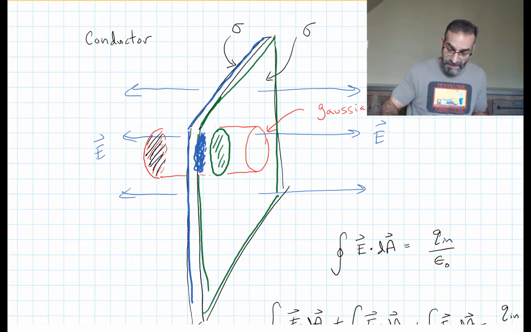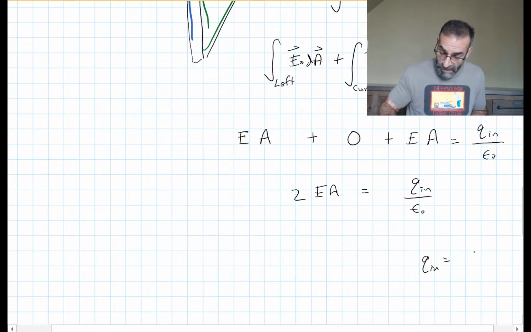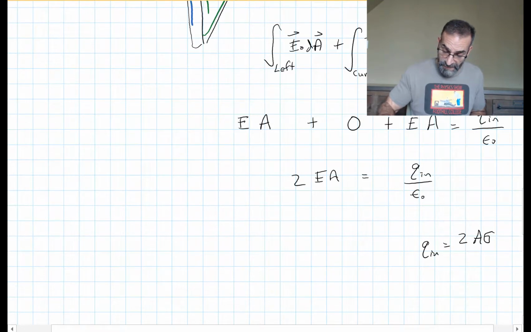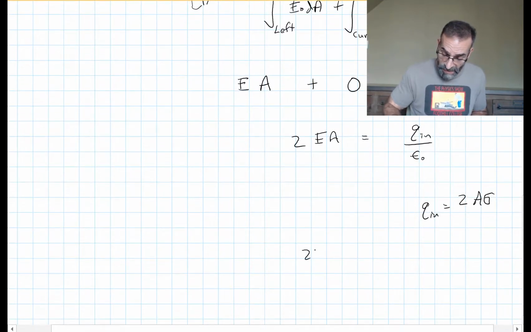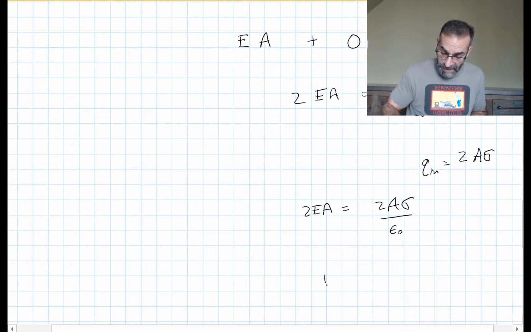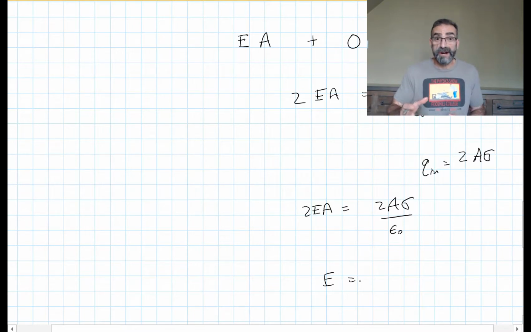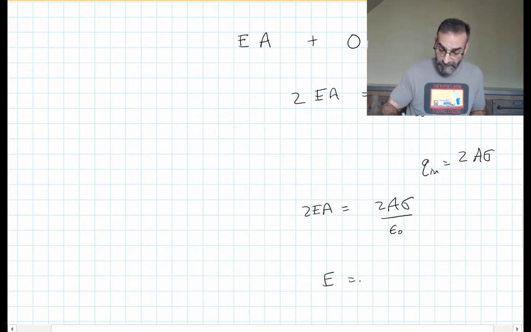So Q in is going to be the area times sigma times 2. And so I get 2EA is 2A sigma over epsilon naught. And I get the electric field near our conductive plate is sigma over epsilon naught.